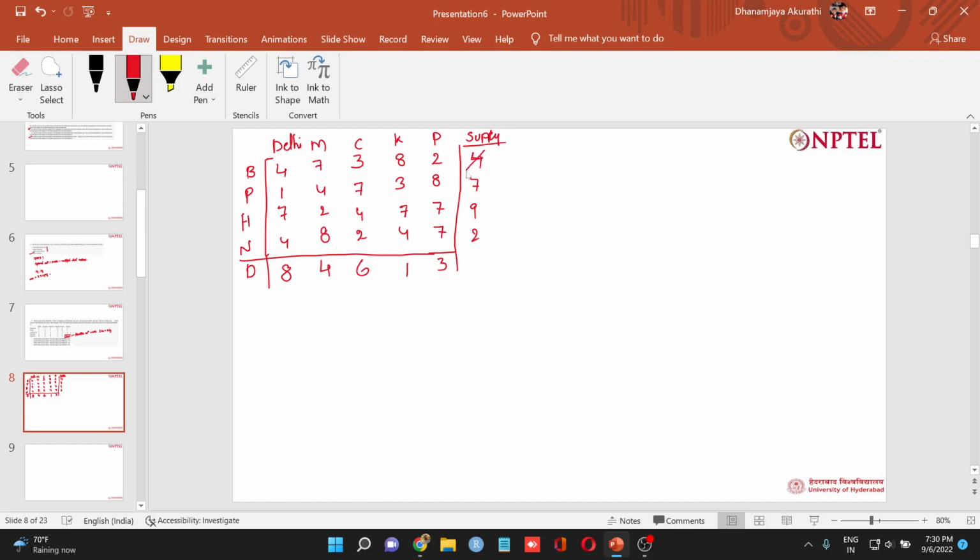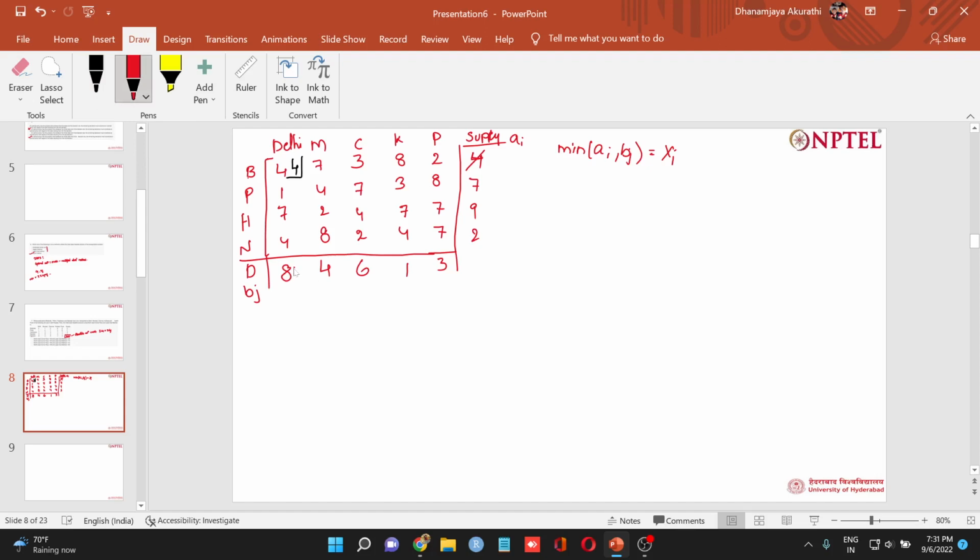So cross out the minimum. Here these are the AIs and these are the BJs. Then find the minimum of AI and BJ. That would be the Xij. 4 is the cost, so here you just assign 4. Here the corresponding quantity is 4. I cross it out from the supply.